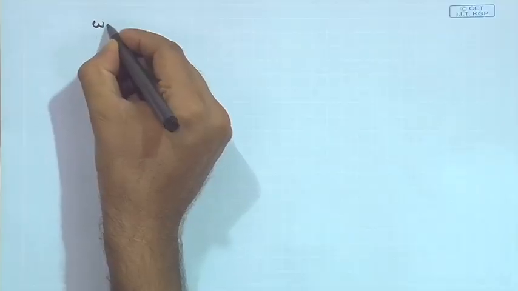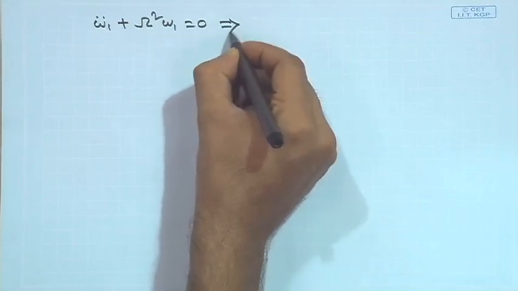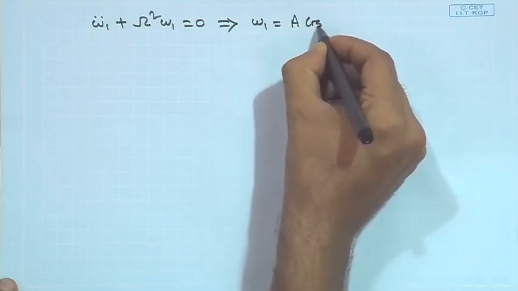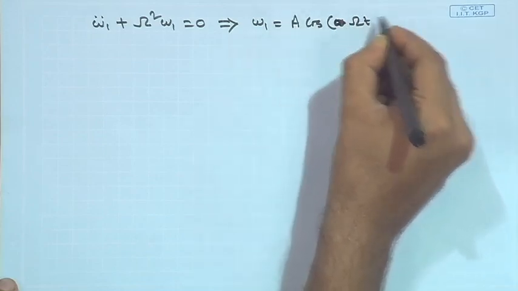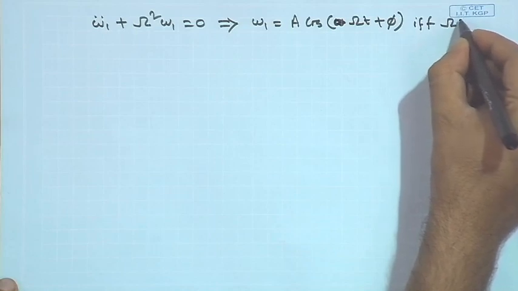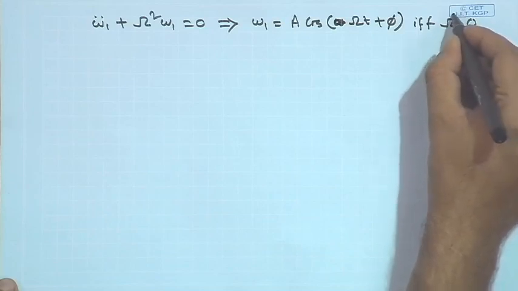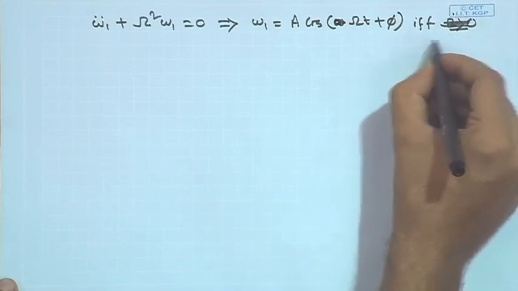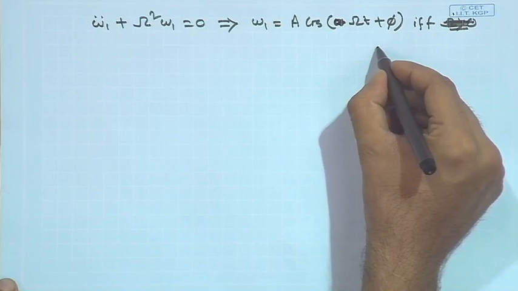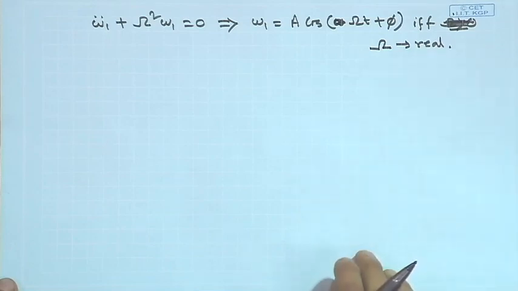So, omega 1 double dot plus capital omega square omega 1 equal to 0 gives a solution of the form omega 1 equal to a cos of capital omega t plus phi, if and only if capital omega is greater than 0, or rather, if and only if omega is a real number, right?